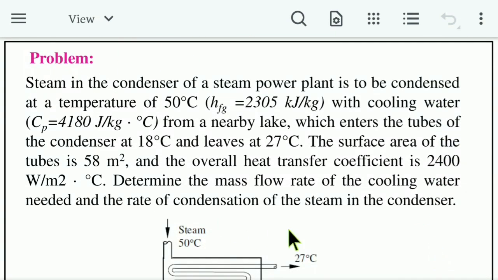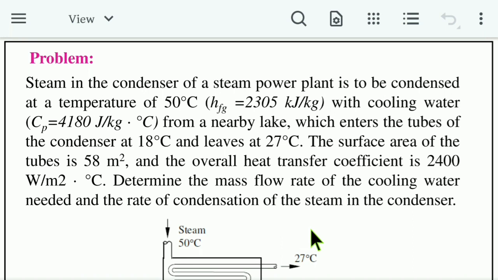Now comes the next problem. Steam in the condenser of a steam power plant is to be condensed at a temperature of 50 degrees Celsius, for which h_fg is equal to 2305 kJ/kg. The cooling water, with Cp equal to 4180 J/kg·°C, comes from a nearby lake, enters the tubes of the condenser at 18 degrees Celsius and leaves at 27 degrees Celsius.